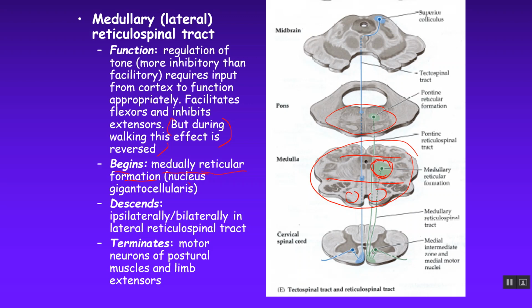And actually, this region that it starts in, you don't have to memorize this, but it's called the nucleus gigantocellularis. There are several things that originate from that, and this is one of them. If you're reading and they talk about the nucleus gigantocellularis and you're talking about a motor system thing, that's where the origination of this reticulospinal tract is.